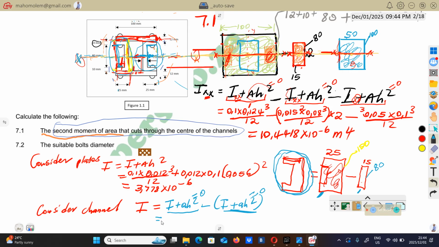Now you will only remain with the I's. Then the I for this big box, remember the dimensions here, I think it's 125, yes. So you will have parallel one is 25, perpendicular one is 100, 0.1 cubed over 12 minus, here now parallel one is going to be 15, perpendicular is going to be 80.